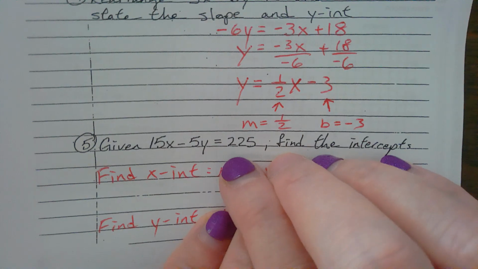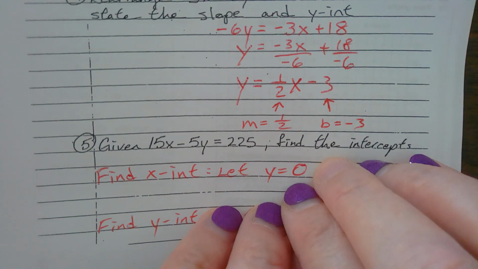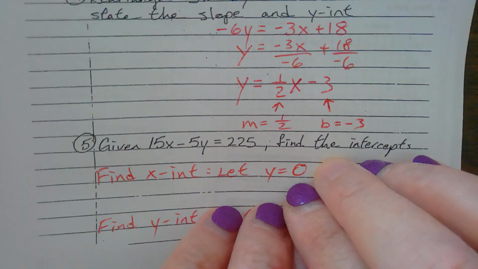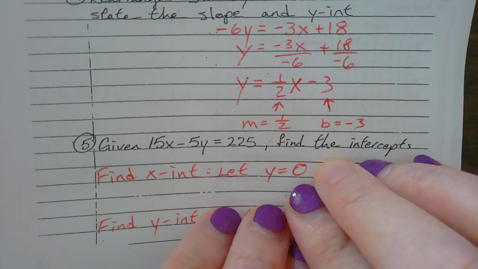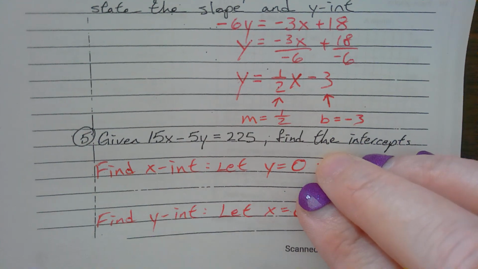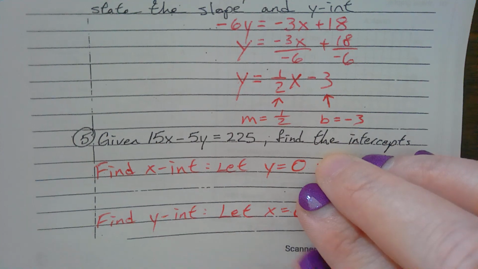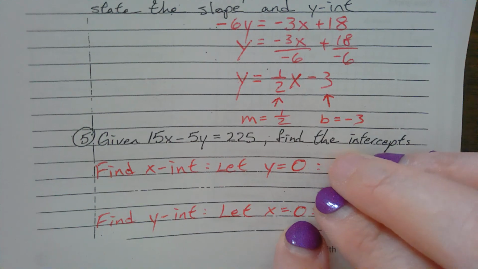To find x-intercept, I let y equal 0, and to find y-intercept, I let x equal 0. To find the y-intercept, I'm gonna let x equal 0, right?